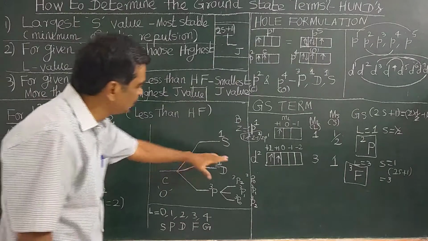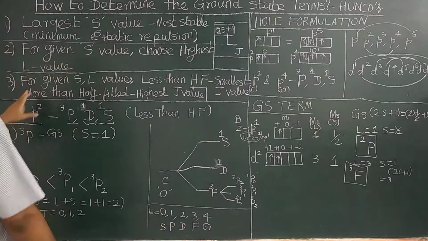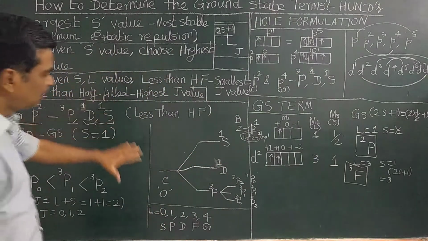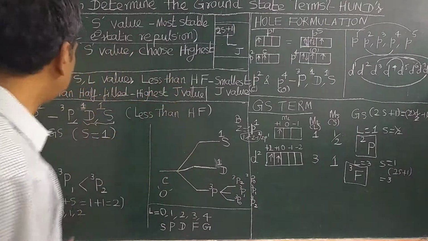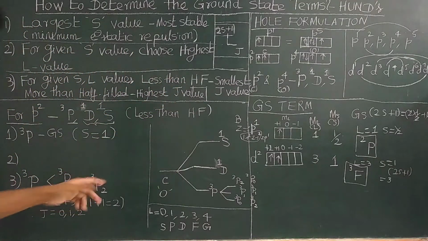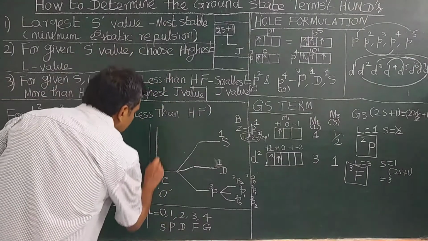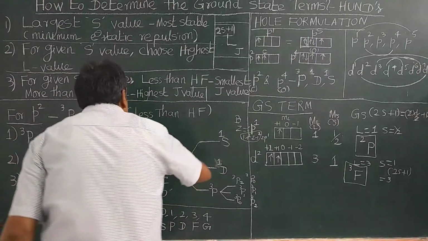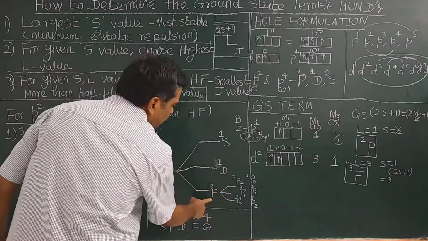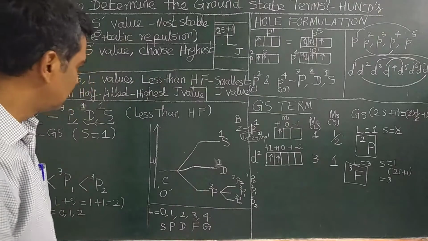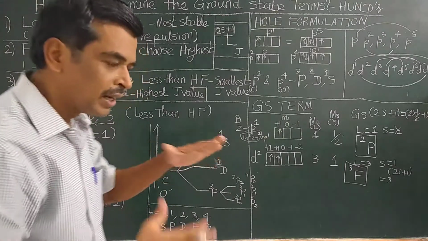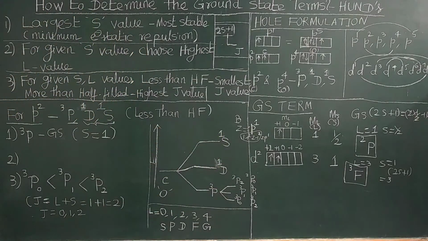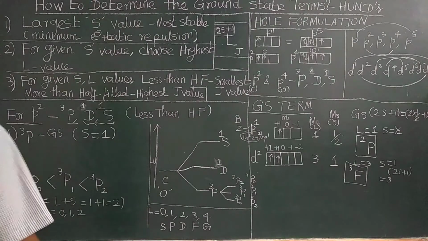Now we have arranged the states in increasing order of energy. This is the most stable state with the lowest energy. 1S is the highest energy excited state.